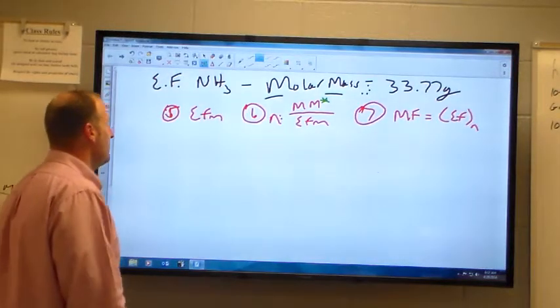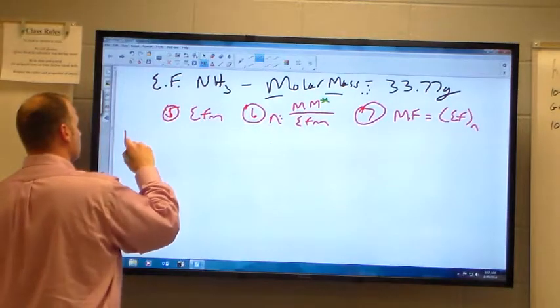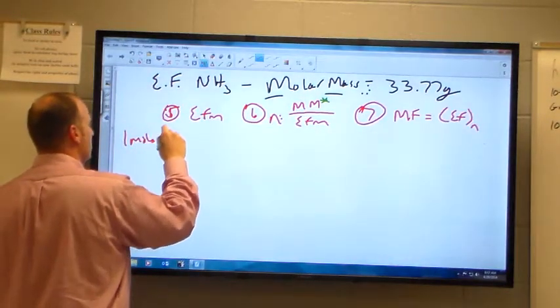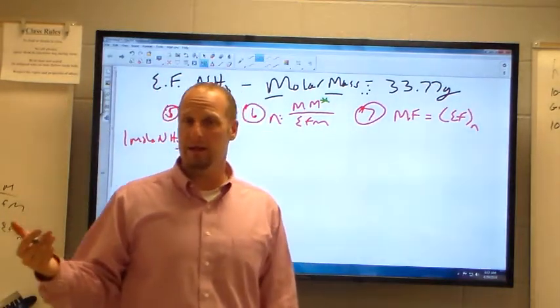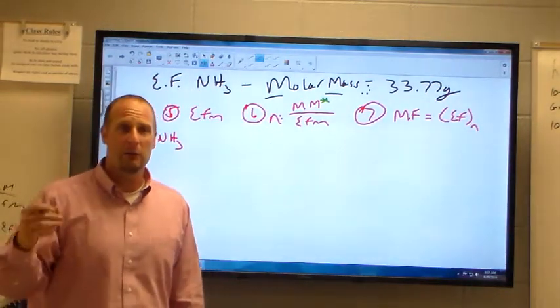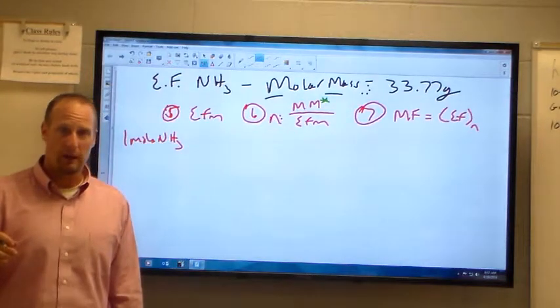So what we want to do is find the empirical formula mass. Our formula is 1 mole NH3. This is review, 10-1. You will be tested on this. There'll be some questions on the test tomorrow in which you have to just find the mass of the compound. So let's review that.